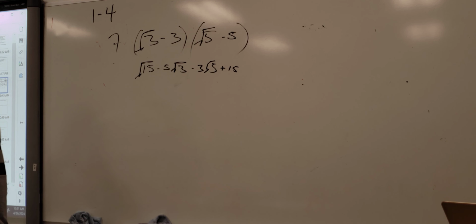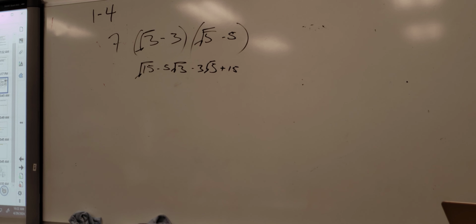Okay, stop. Let's look in the back. Tell us how you came about that. 2 binomials, you can multiply. 3 times 5 is 15, put it in a radical box. Neg 3 times radical 5 is neg 3 radical 5. Neg 5 times radical 3 is neg 5 radical 3.